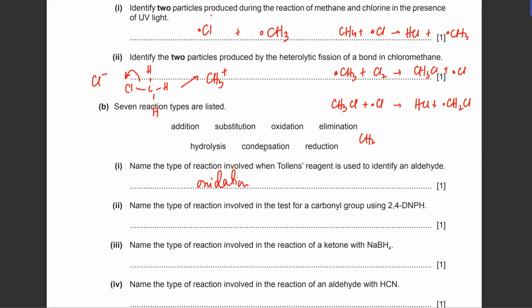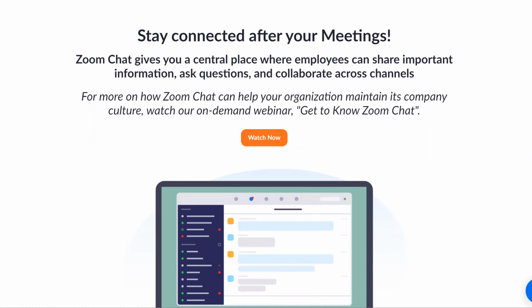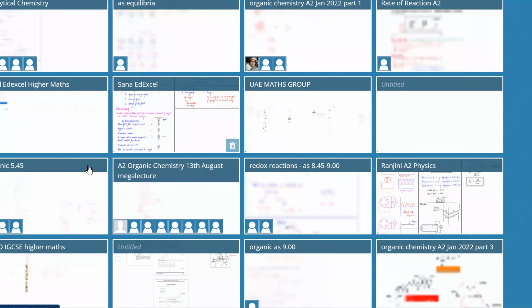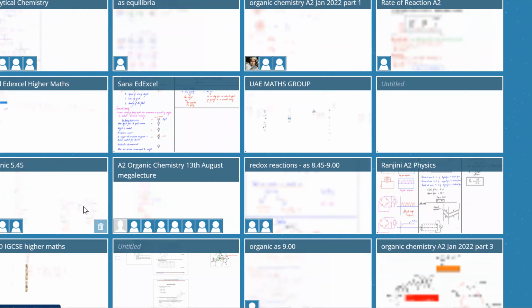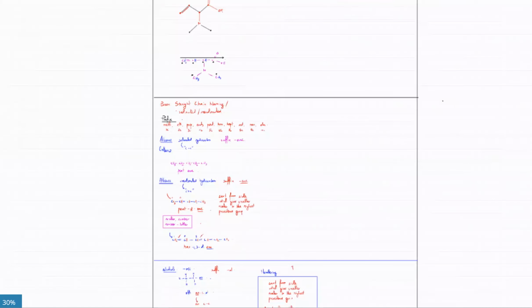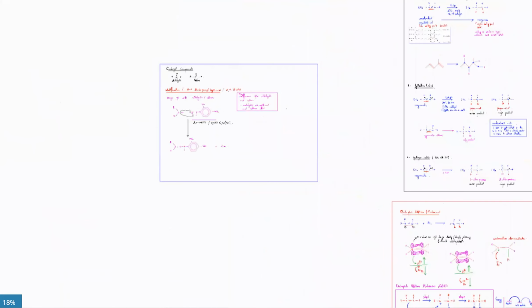This was condensation. It is in the notes. I'll just open them, one second. Okay. This was 2,4-DNPH. We did this on the side.